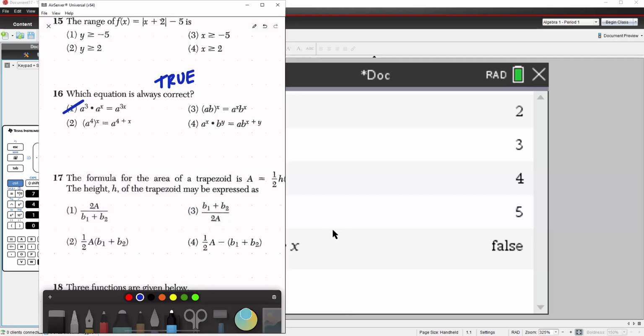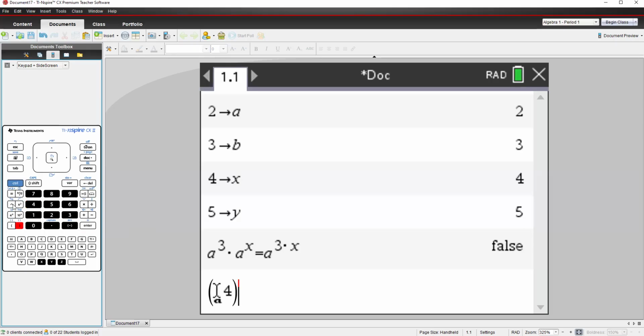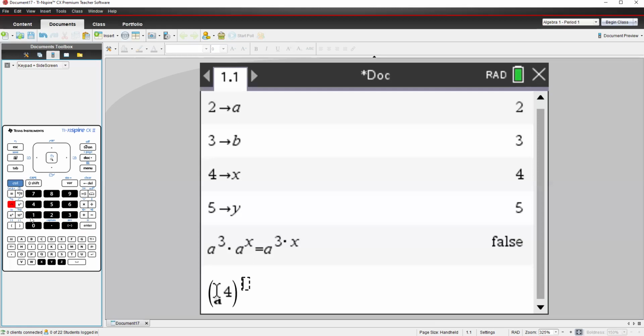So let's go to the next one. We've got a to the what? a, parentheses, a to the 4th power, and then we're going to raise that to the x power.